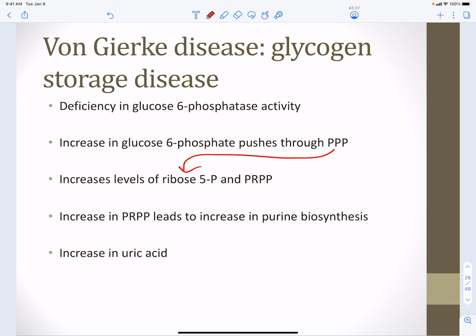So your increased levels of 5-carbon sugars will increase the activated ribose. This increase leads to an increase of purine synthesis. And then this purine synthesis leads to an increase in degradation, which then leads to an increase of uric acid.